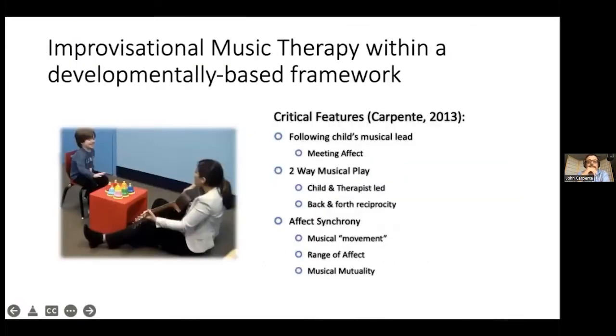And so, as I said, mainly we work improvisationally. And so these are some of the critical features of how we're presenting the music. The first thing is following the child's musical lead. So no matter what the child is doing in the room, we're trying to meet affect and provide an opportunity for them to engage with us. Once we have engagement, then we try to facilitate two-way purposeful communication, right?